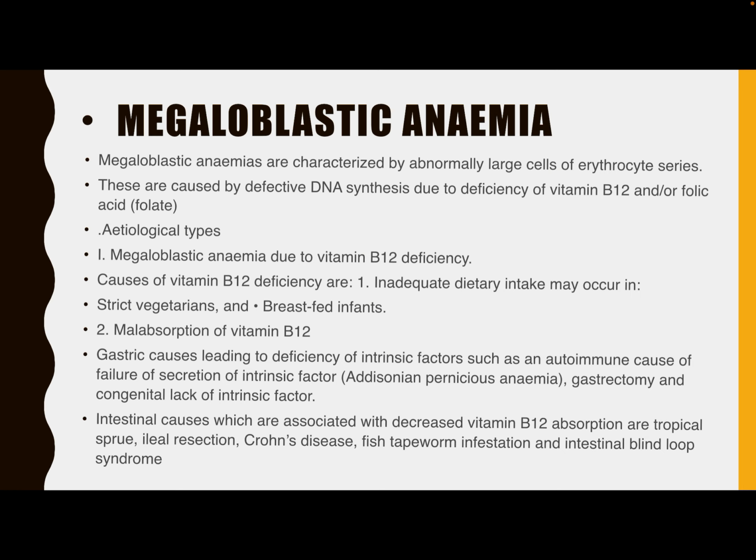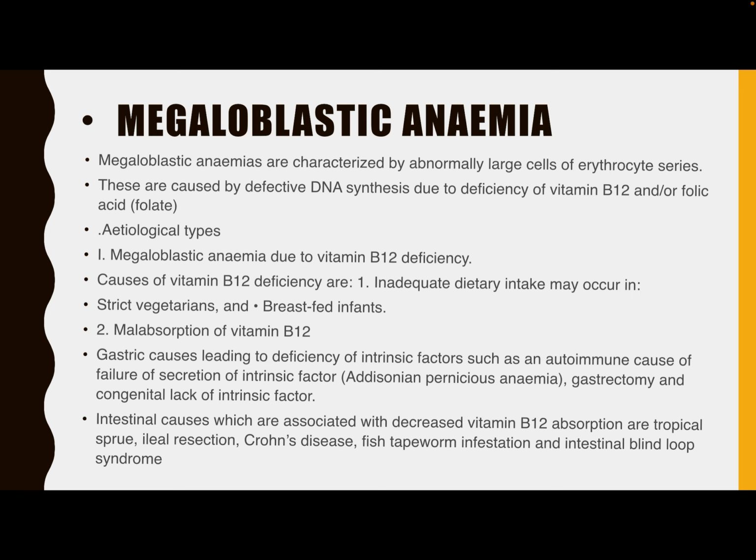The causes of vitamin B12 deficiency are inadequate dietary intake in strict vegetarians and breastfed infants, and malabsorption of vitamin B12, which happens due to gastric causes leading to deficiency of intrinsic factor, such as the autoimmune failure of secretion of intrinsic factor, known as Addisonian pernicious anemia.